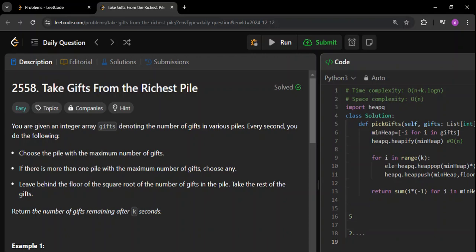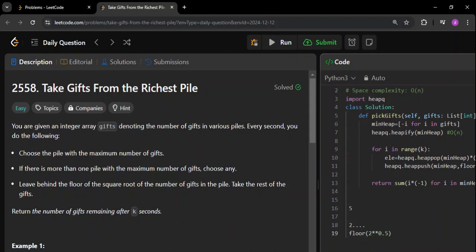Now, if you take the floor of this value, that is the square root of 2, in Python we write it as ** 0.5. The double star basically means raised to power. So here I'm writing 2 raised to power 0.5, which is the square root of 2. If you take the floor of this, say it is 2 point something, it will bring it down to the nearest smaller integer, which in this case is 2.